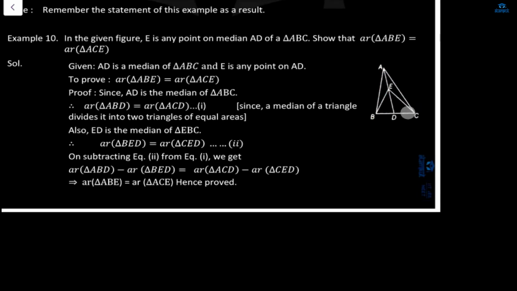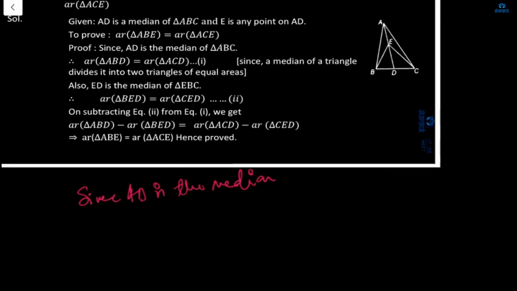It is already said that AD is the median. Since AD is the median, from the previous question we have already derived that the areas of the triangles will be equal. Therefore, area of triangle ABD will be equal to area of triangle ACD.